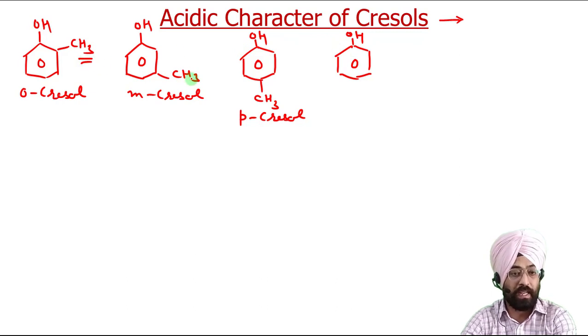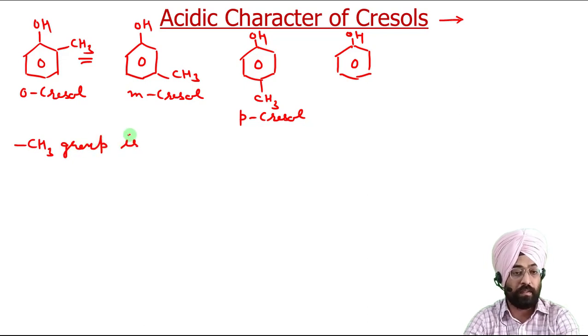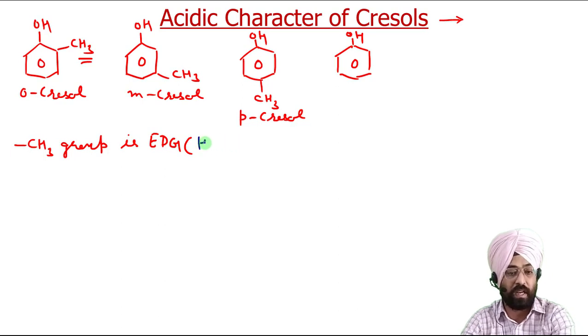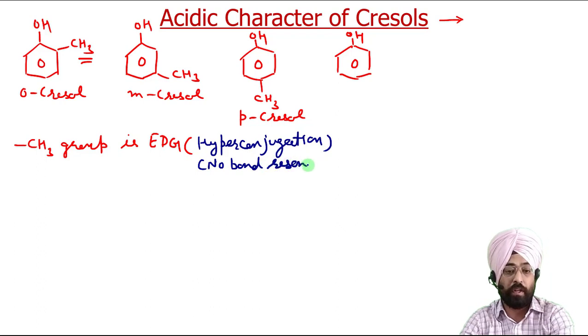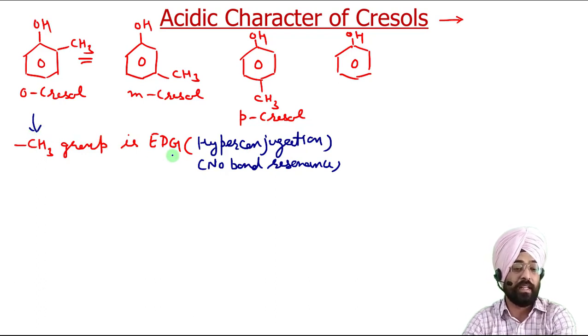Now the methyl group is an electron donating group, and the reason for its electron donation is hyperconjugation. Hyperconjugation is similar to resonance, which is also called no bond resonance. Because of this hyperconjugation effect, the methyl group is an electron donating group.